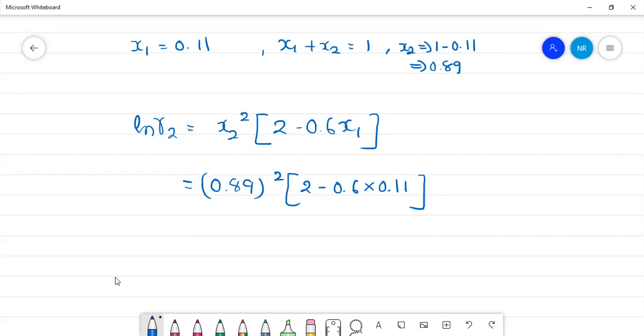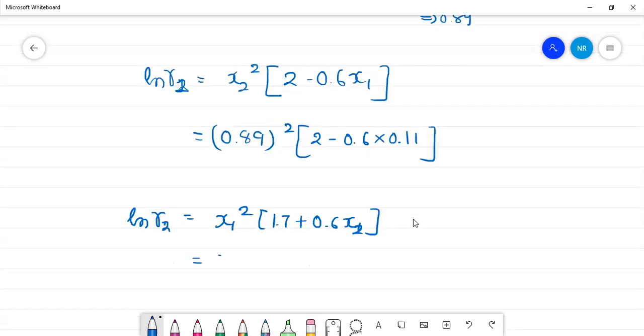Sorry, this was ln gamma 1. ln gamma 2 is equal to x1 square times (1.7 minus 0.6 x2), where x1 is 0.11 and x2 is 0.89. Can you tell me the value of ln gamma 1?